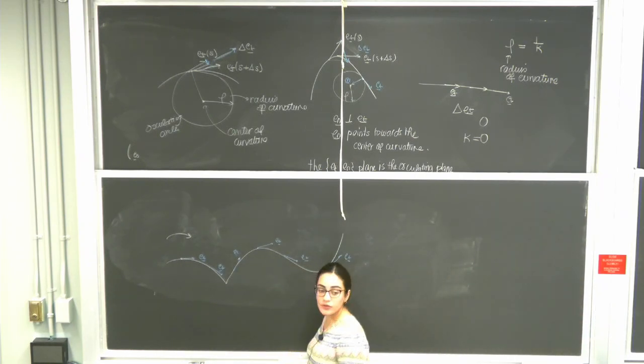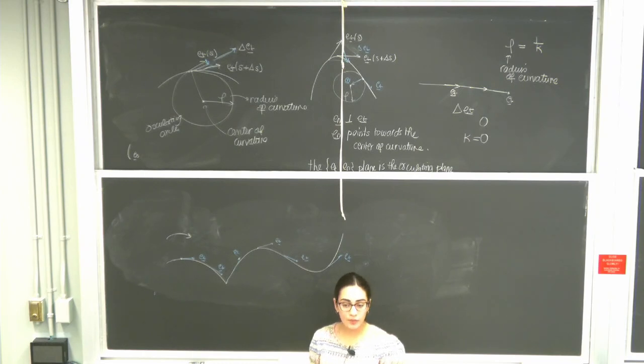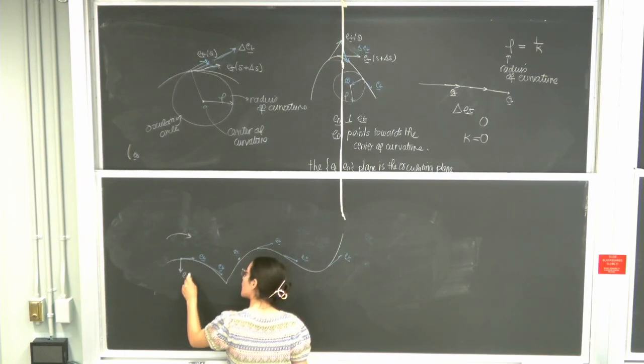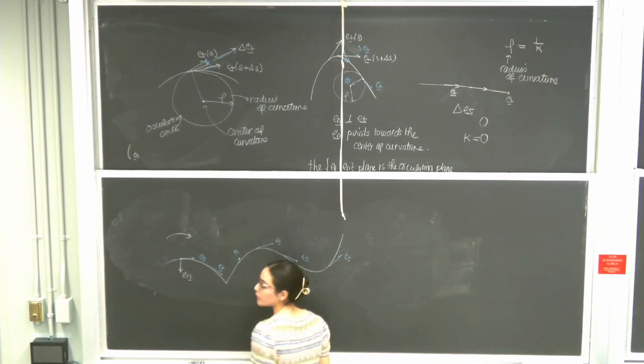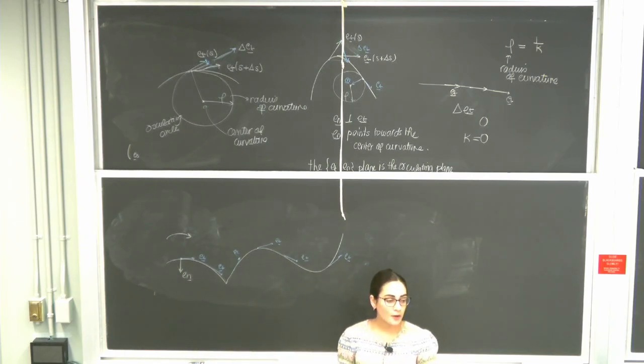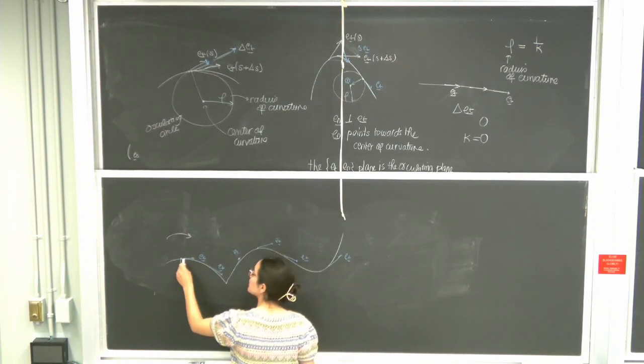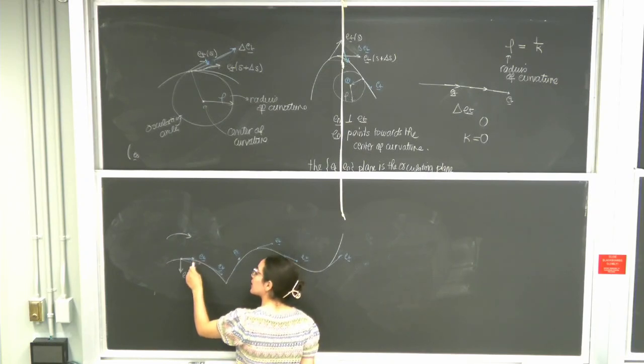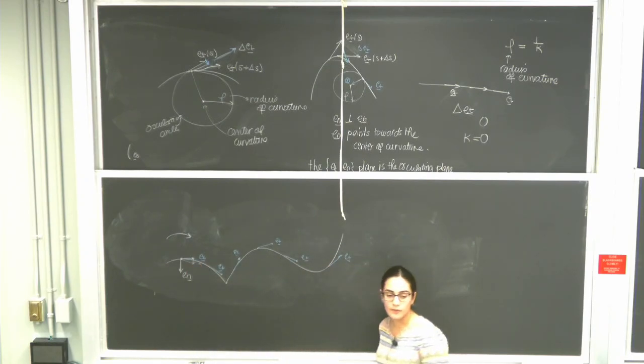It's perpendicular to ET, but should I draw it down or pointing up? Down. Why? It always points towards the center of the osculating circle, or the center of curvature. You can think of ET here and ET at the point just after it like this. Put the two vectors next to each other and EN points perpendicular down.